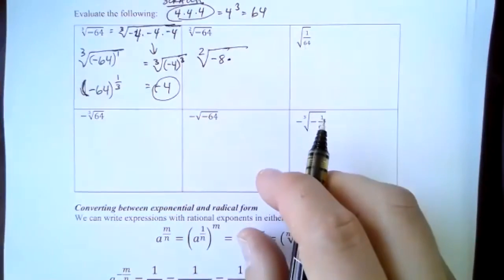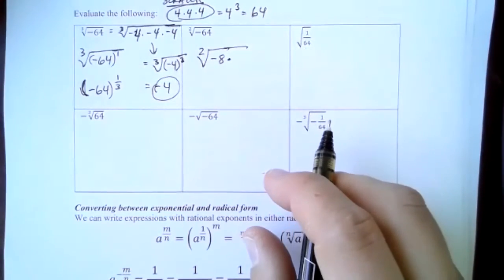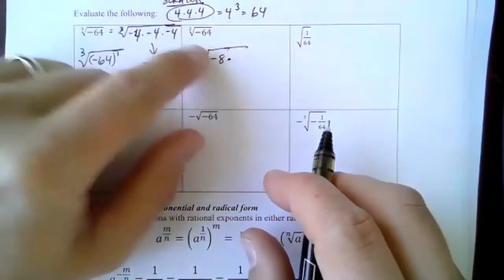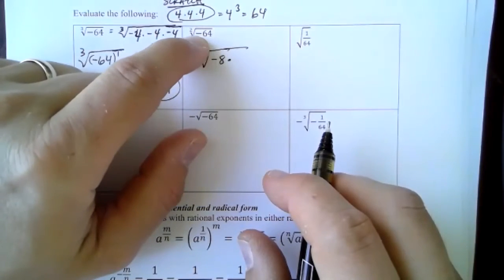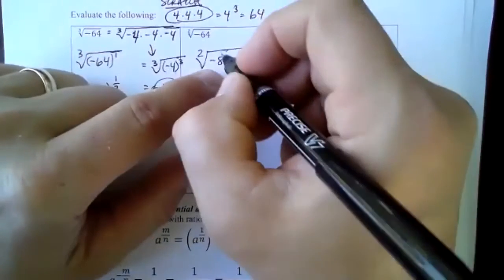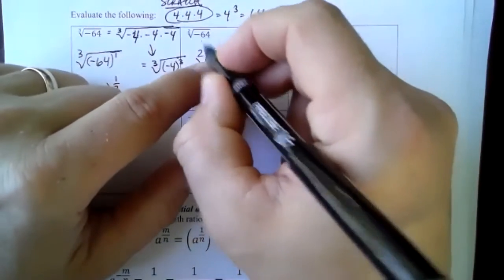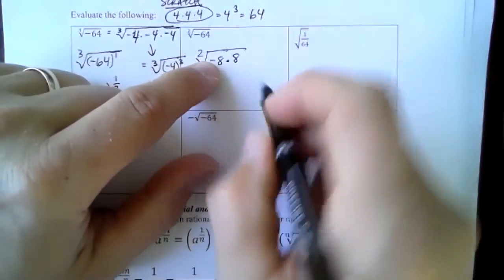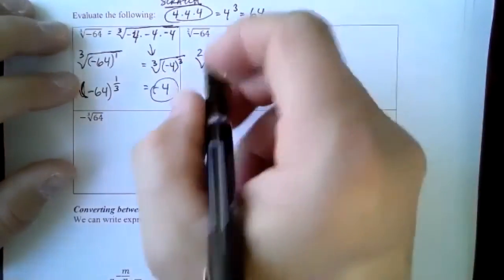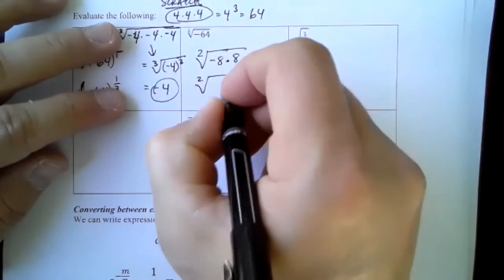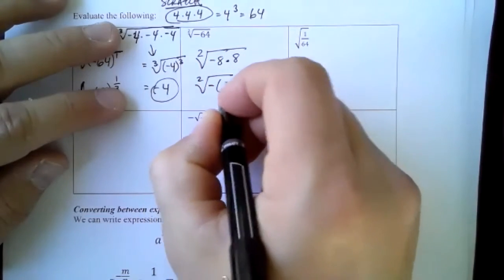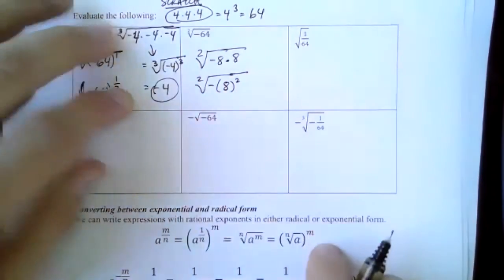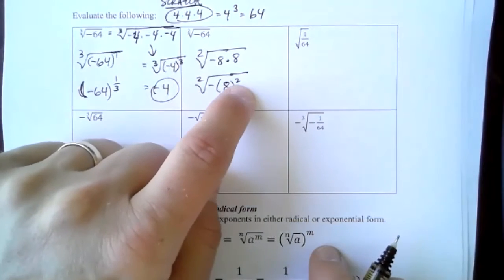Now we've got a situation here, okay? So you see how I've got a negative 64 here and it's squared? So what I'm going to do is leave the negative, pull that out, and 64 is 8 times 8, right? So if I rewrite this as 2 square root of negative 8 squared, so it's negative parentheses 8 squared.